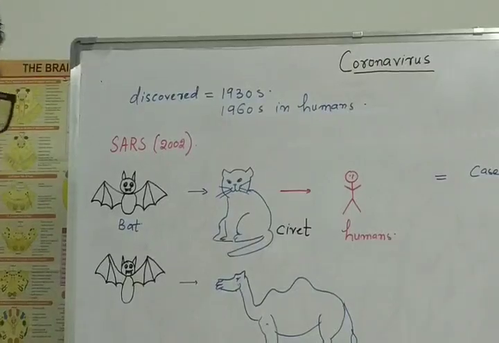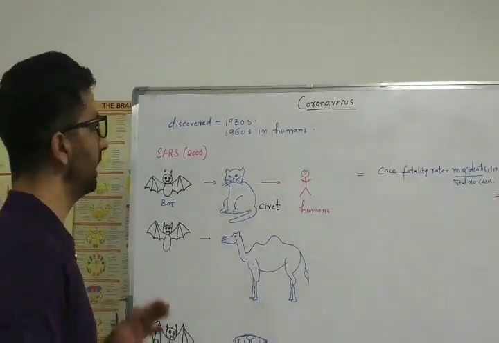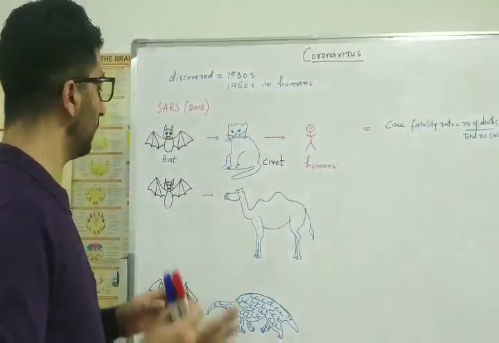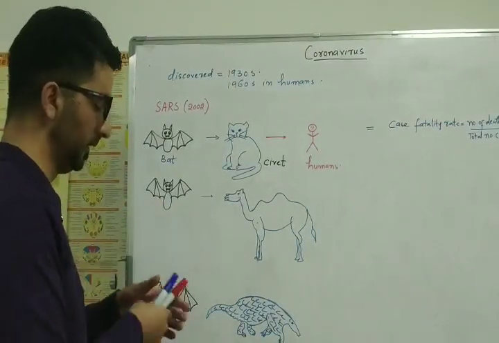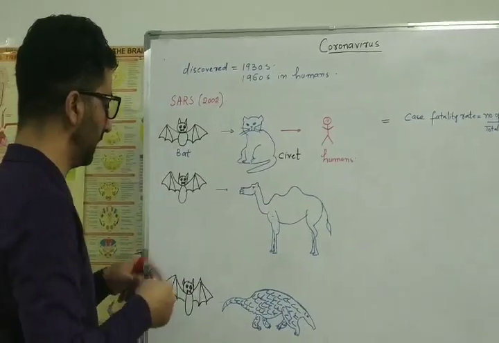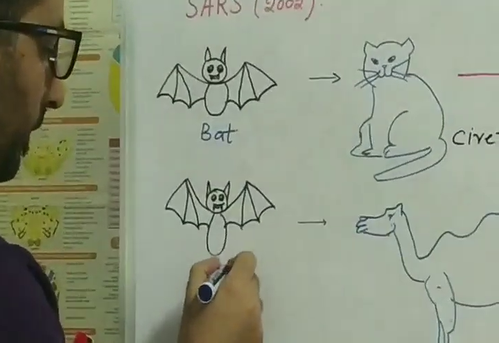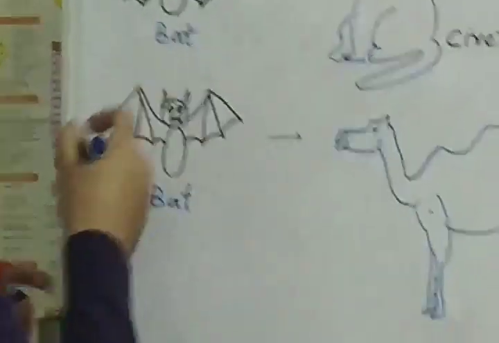Now going down, we'll talk about this one also. There was another syndrome called MERS. MERS also originates from the bat, the same origination. I'll write it here. This is the bat, and this disease was called MERS.